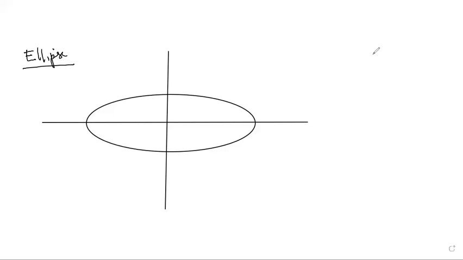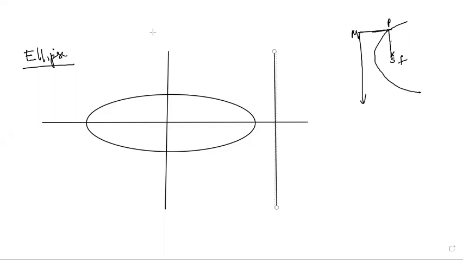For a parabola, you have a fixed point and a fixed line. And every point on the parabola is equidistant from the fixed point and the fixed line, right? You remember that? SP is equal to PM. Now, an ellipse also has a fixed line and also a fixed point.